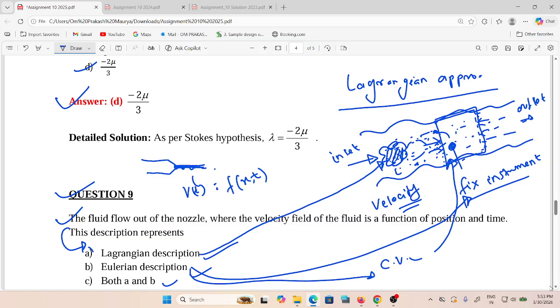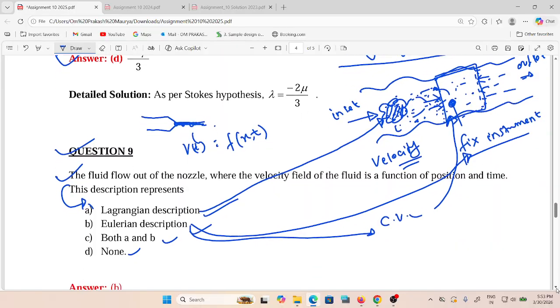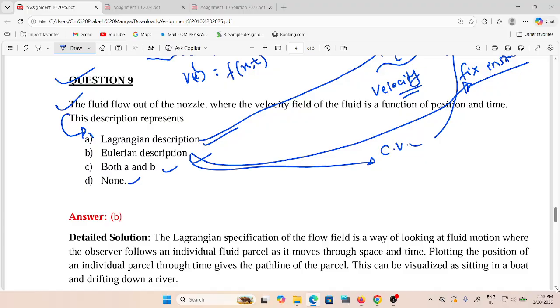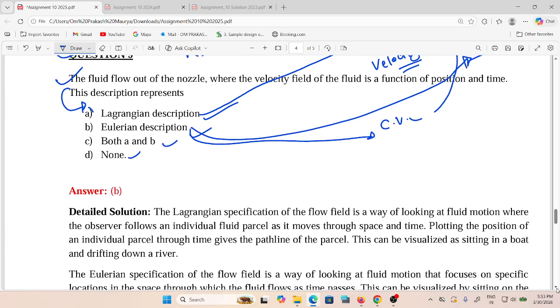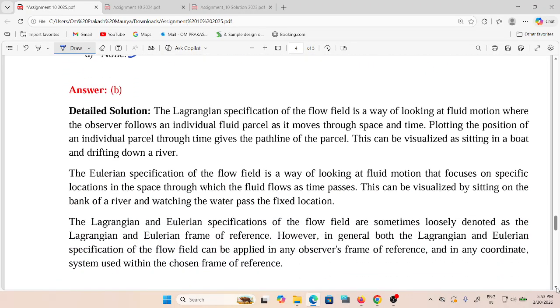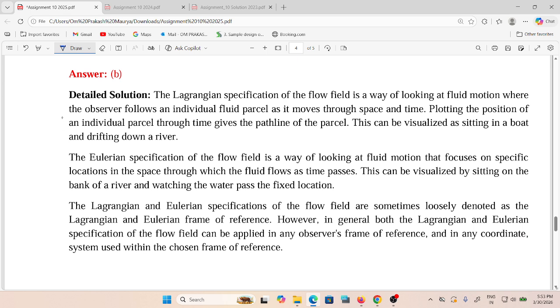Question number 9. This was a very technical question, very easy question. Let me just read what is written here, that is also very important. Detailed solution: The Lagrangian specification of the flow field is a way of looking at fluid motion where the observer, that is your instrument, follows an individual fluid parcel as it moves through space and time.